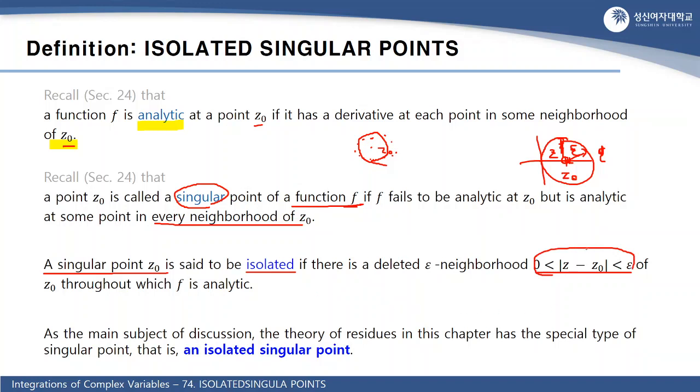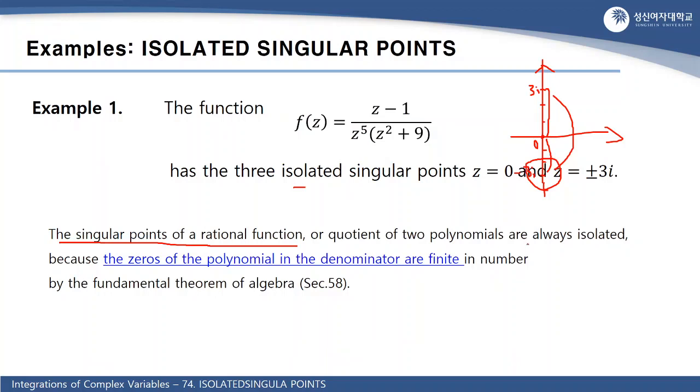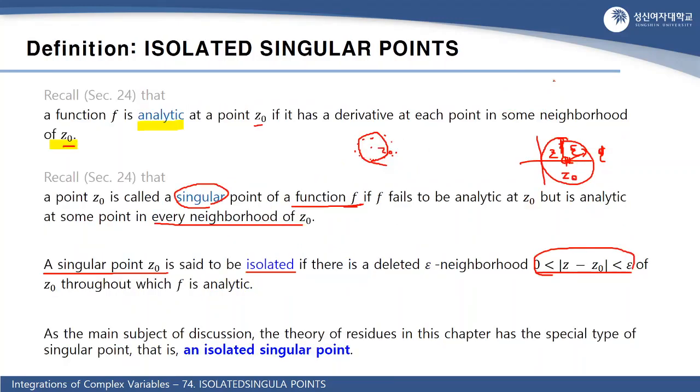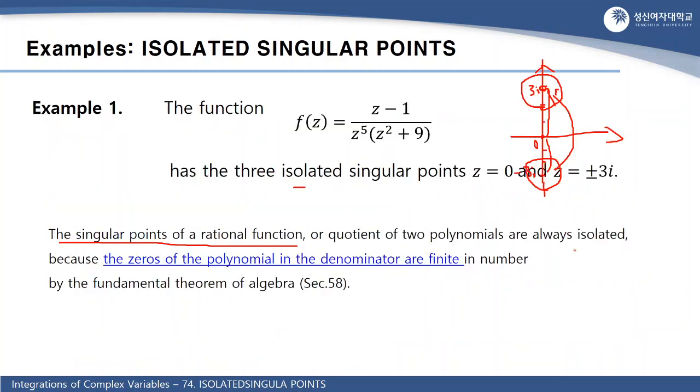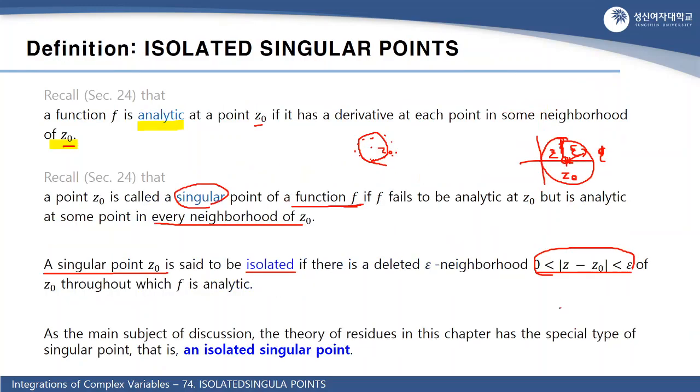Okay, so for any point, one of the 3 points here, we can make a deleted epsilon neighborhood here. Here a singular point 0 or plus minus 3i, such that f is analytic.